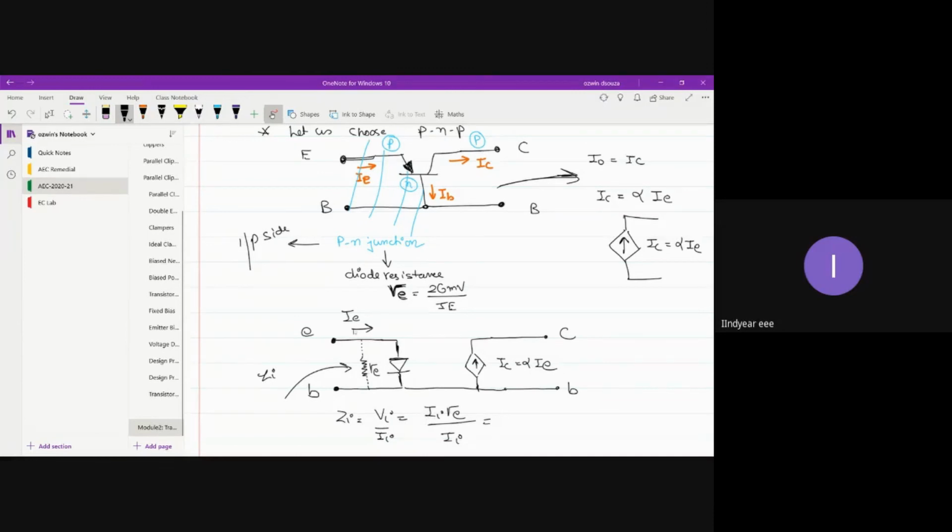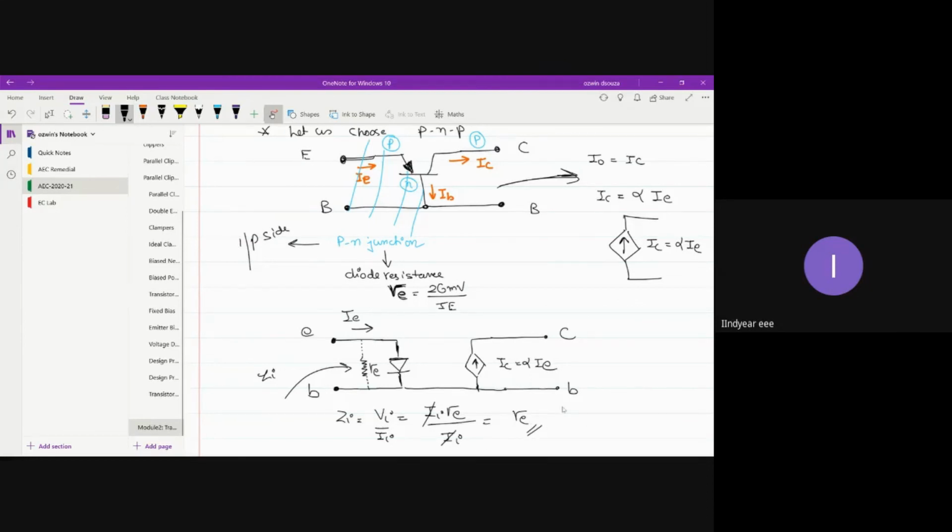In your common base configuration, if you observe closely, your input current is the emitter current, and the same emitter current flows through the diode as well, because it basically follows the emitter to base junction diode resistance.